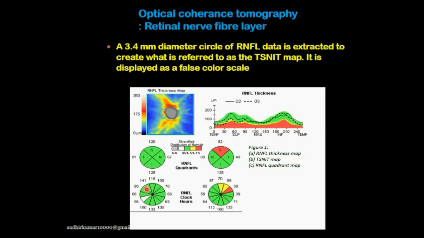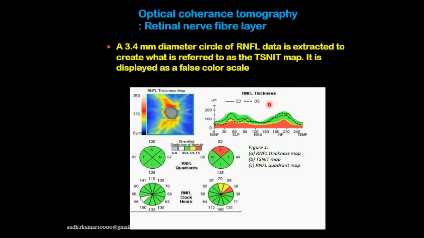If it is in the same range, this is shown in green color, that is normal, and if it is thin, it is shown in red. Green is normal, yellow shows borderline variation from the normal.